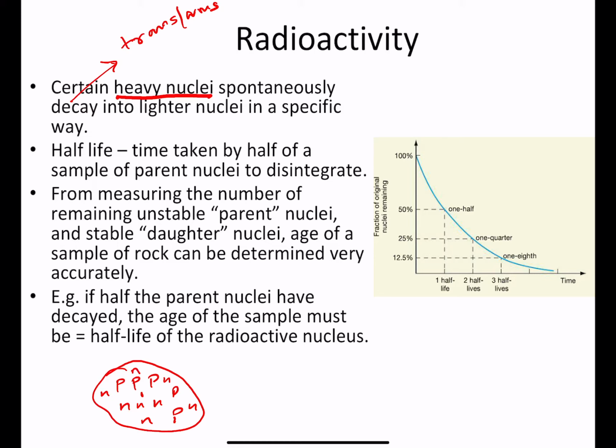It might happen that a small unit of this nucleus might just leave. One example would be these two protons and these two neutrons spontaneously leaving this nucleus and leaving behind a nucleus which is short two protons and two neutrons.